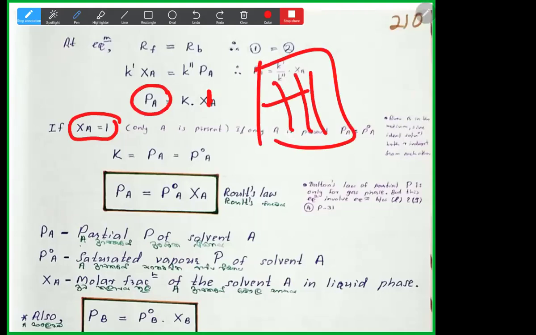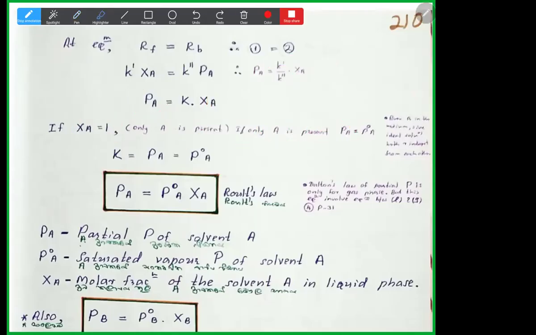It is fully saturated. So that is the saturated vapor pressure. So that instead of this PA, okay, then this becomes 1.